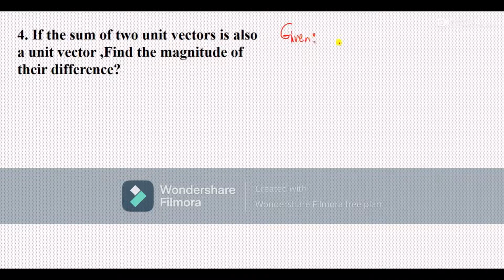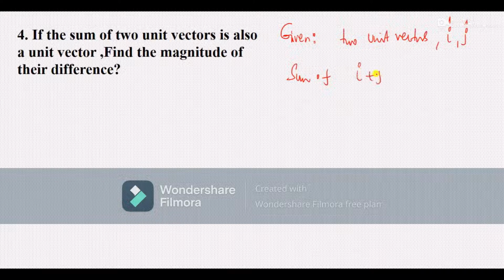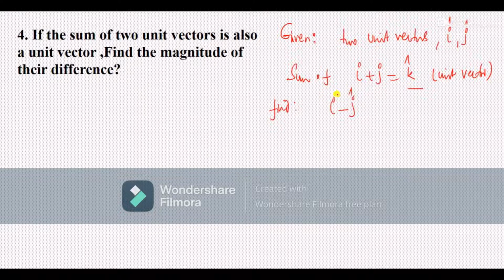Given here are two unit vectors i and j, and the sum of these two unit vectors is also a unit vector. That means i plus j is equal to k, where k is a unit vector. So i vector plus j vector is equal to k vector. This is what is given. We have to find the difference between them, that is i minus j.